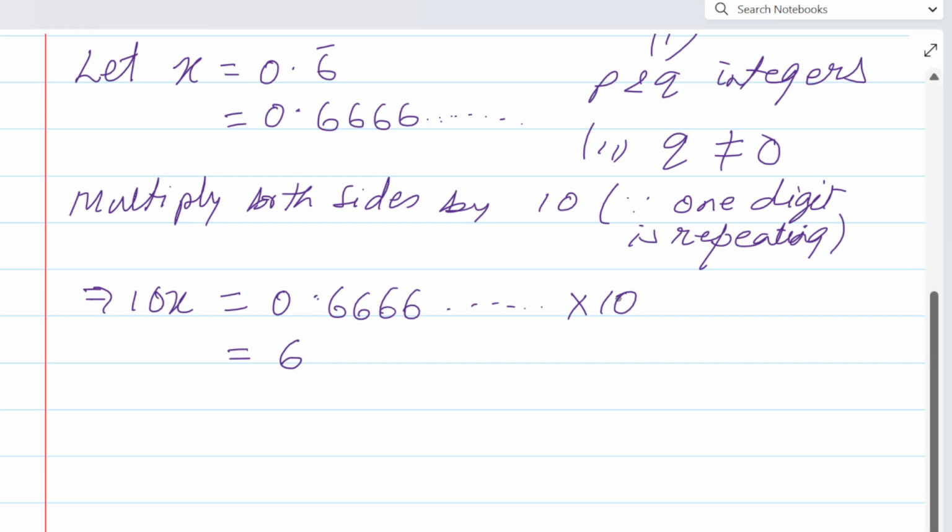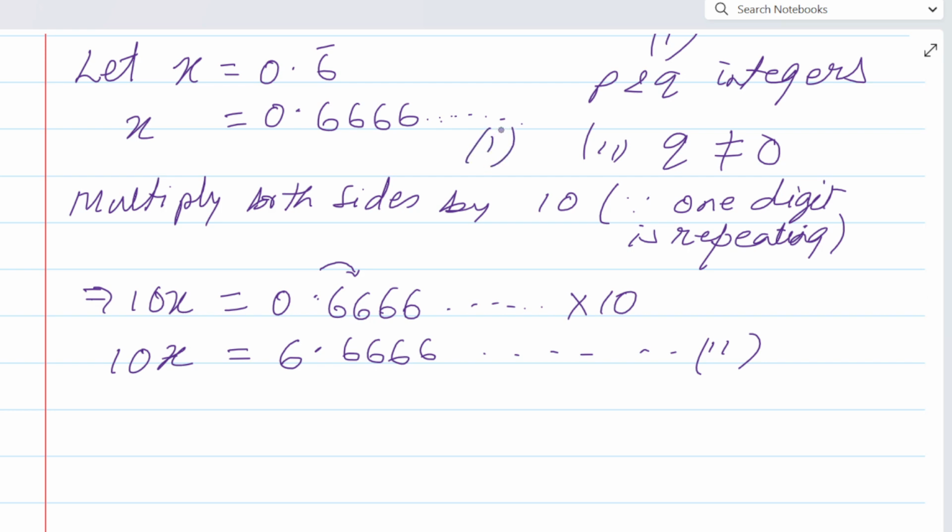Since we multiply by 10, the decimal point is displaced and comes after one digit only. That is the multiplication process. The point will come after this digit, then you can write 6, 6, 6, or add one more 6, no problem. This is your 10x, so this is equation number 2, and x is this one, so take this as equation number 1.